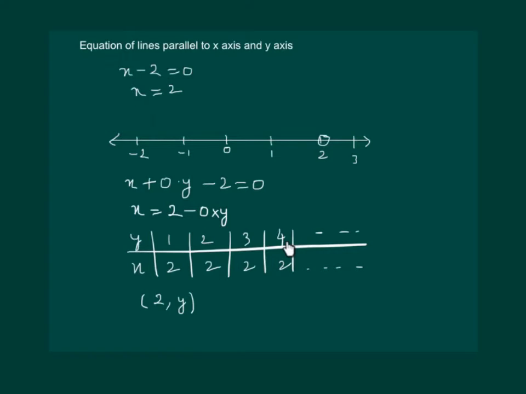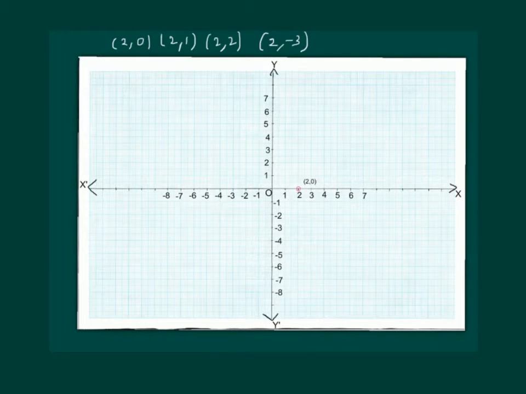So now let us plot a graph. We plot 2, 0, 2, 1, 2, 2 and 2, -3 and join it.